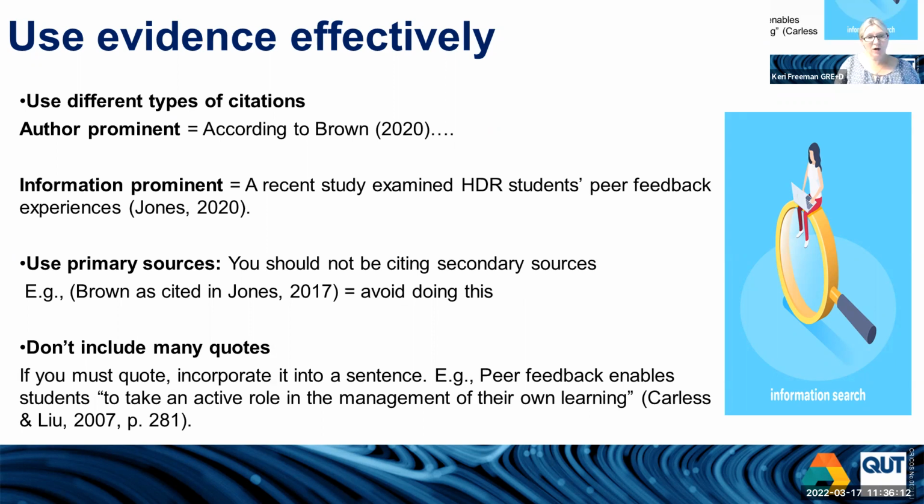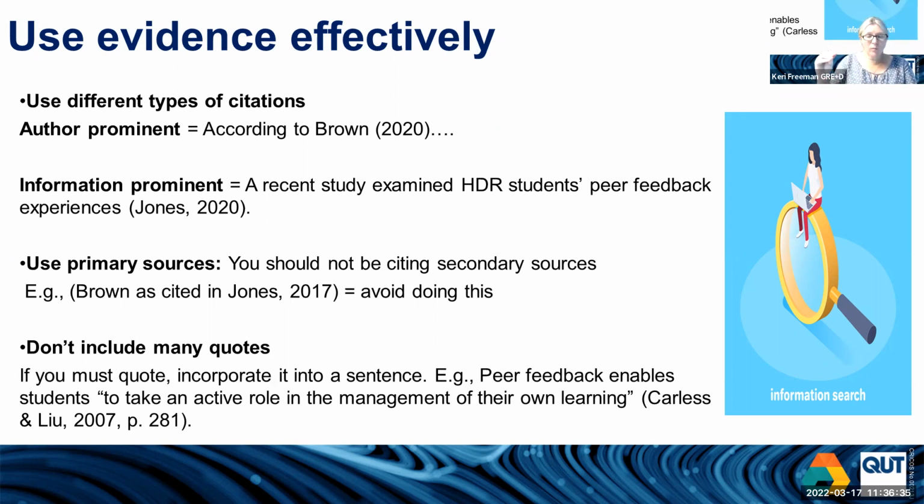Try to always use primary sources. As HDRs, you shouldn't be citing secondary sources. So Brown is cited in Jones. Go to Brown. Go find Brown's article and cite Brown directly. Okay. And with your quotes, be careful. I'm not going to say don't include quotes because they can be useful, but I don't want to see a whole sentence that is just the quote.